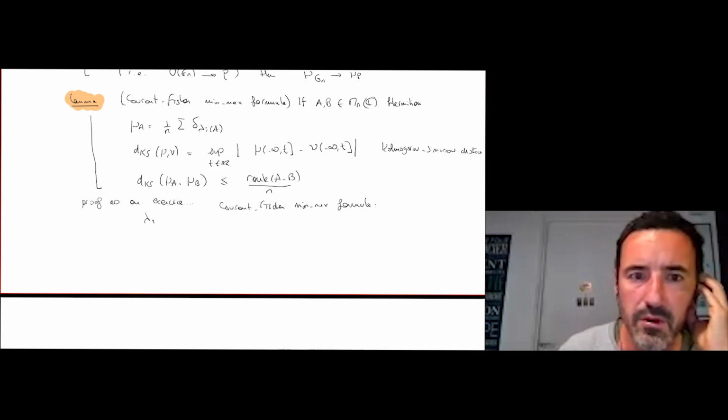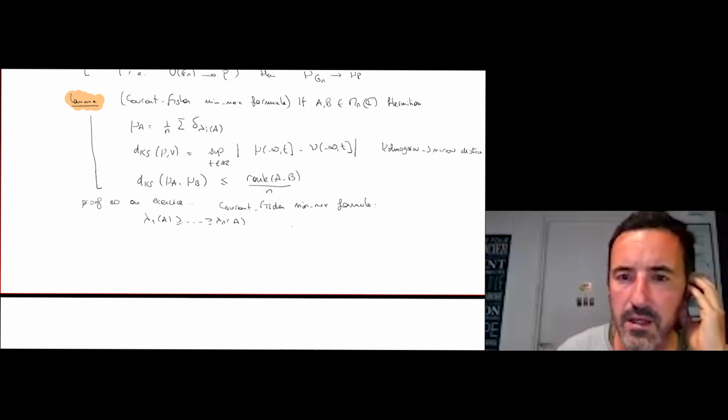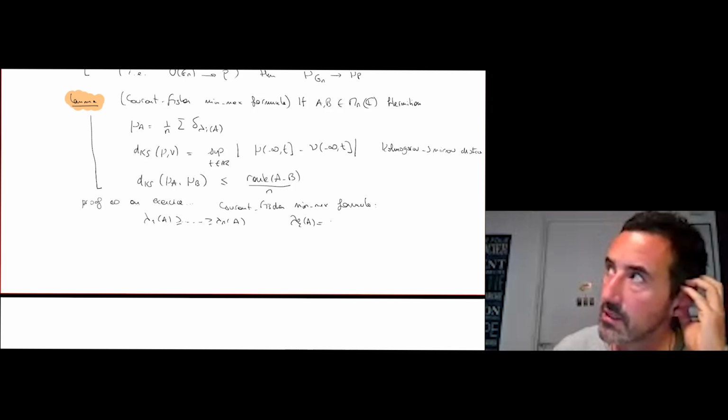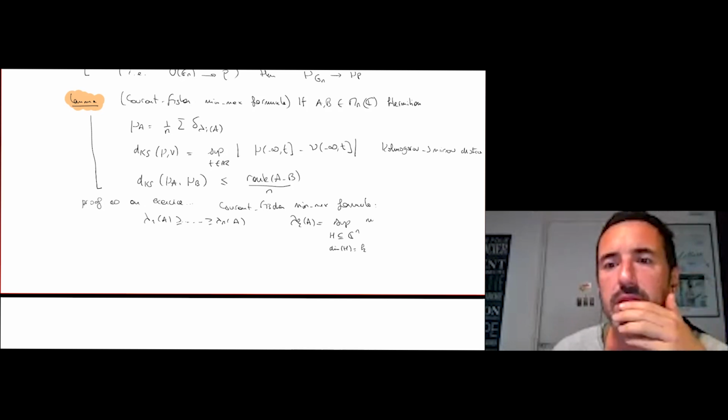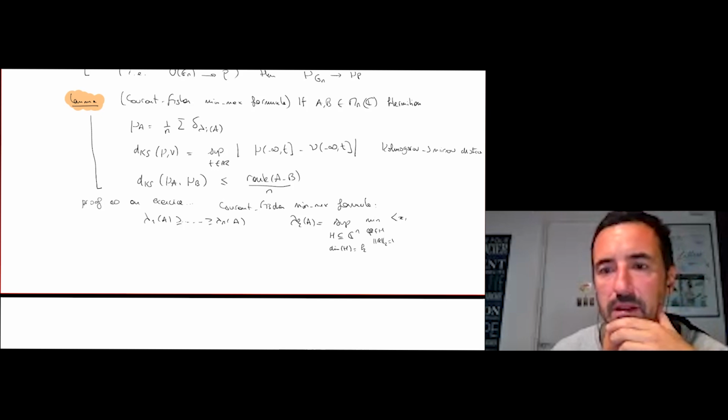If you order the eigenvalues of your Hermitian matrix A, it says that lambda k of A, the k-th largest, is equal to the supremum over all vector subspaces H in C power n of dimension k, of the minimum over all x in H of unit Euclidean norm of phi A phi.